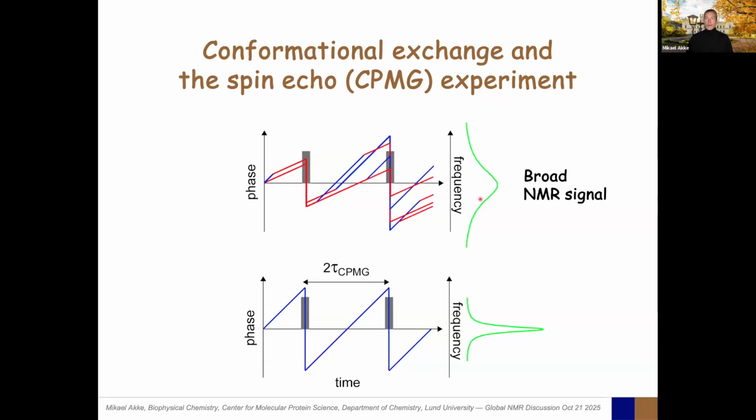And the width here, again, would carry information about these exchange events, the rates, the populations, and the chemical shift differences. You see the slopes are different, so that means that the chemical shifts are different between these two, blue and red. So again, we don't measure the line width, we measure the decrease in intensity, as you see here, with time. Obviously, if I would increase the time, we would get even more defocusing.